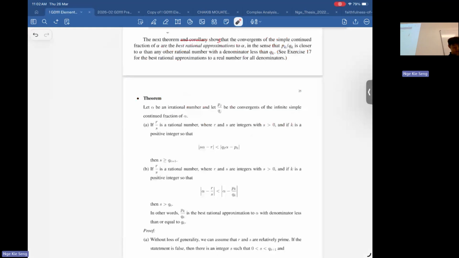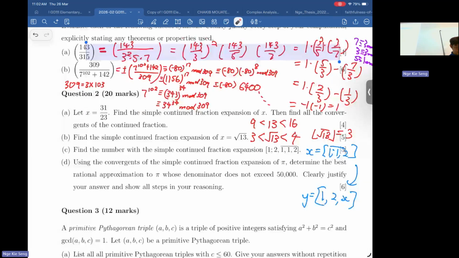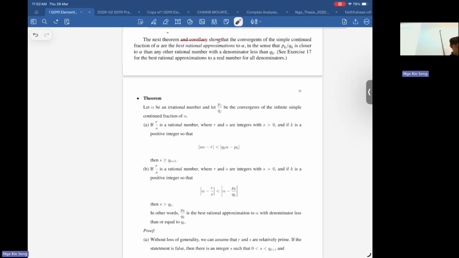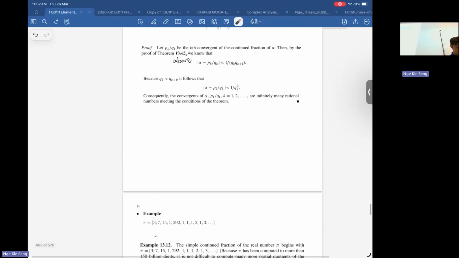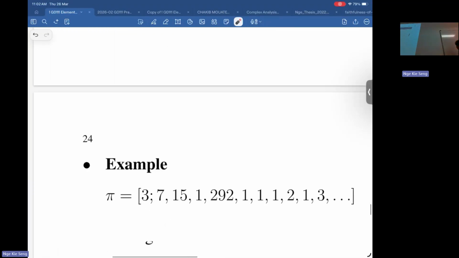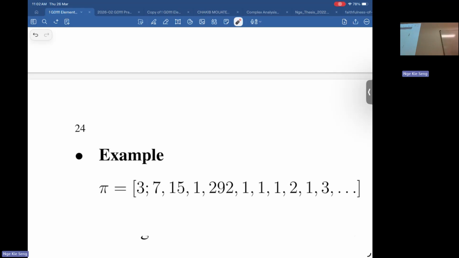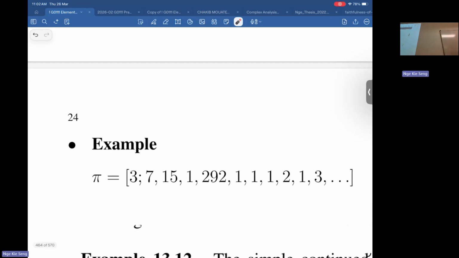If you use convergents, you need to find the best rational approximation. Wow, seems like a bit long work. First of all, you have the convergents from here. Hopefully this is long enough for you to compute. There are 0, 1, 2, 3, 4, 5, 6, 7, 8, 9, 10.